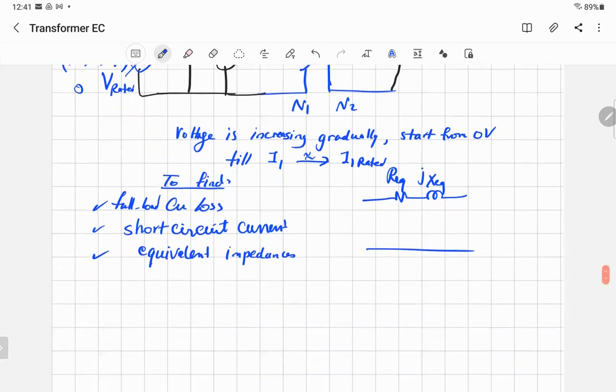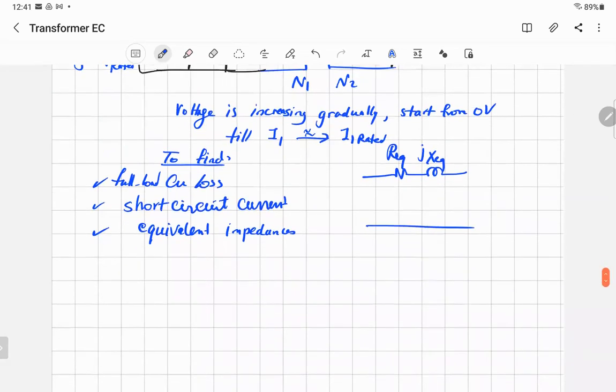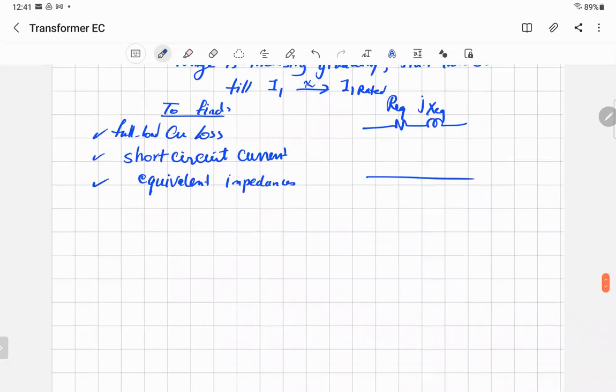Remember, what is R equivalent and X equivalent? Each winding has resistance and leakage reactance, as we explained last lecture. Like if you have a winding here, and let's say that's N1 and that's N2.